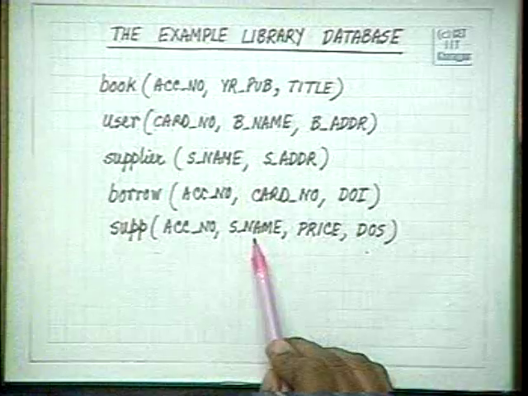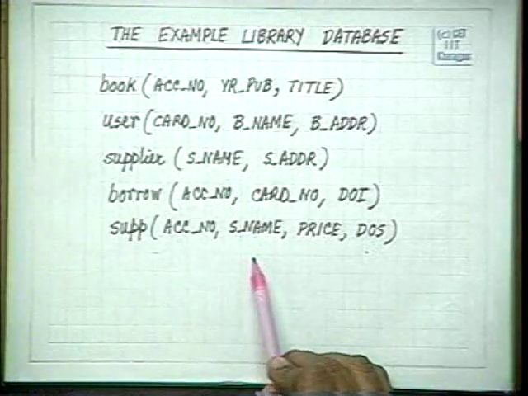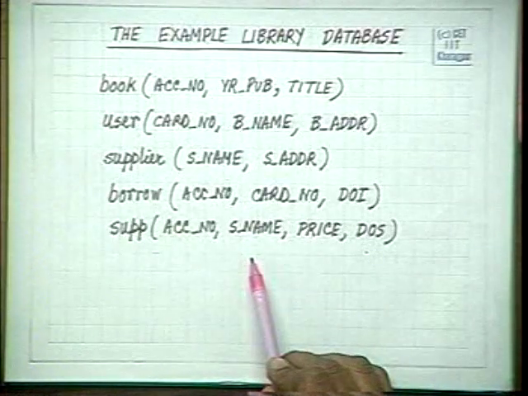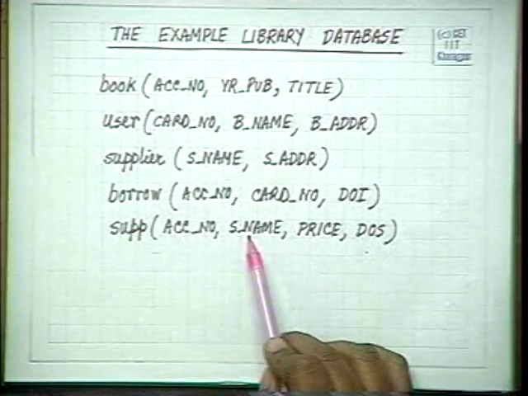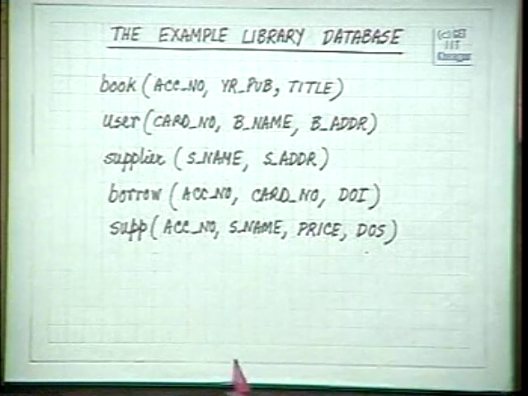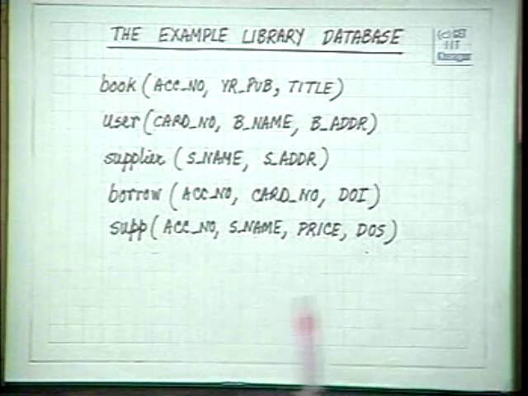Now, what can we have? Whenever S name must be same, two attributes, since we say that a particular supplier can supply only one book per day, how will we specify this?